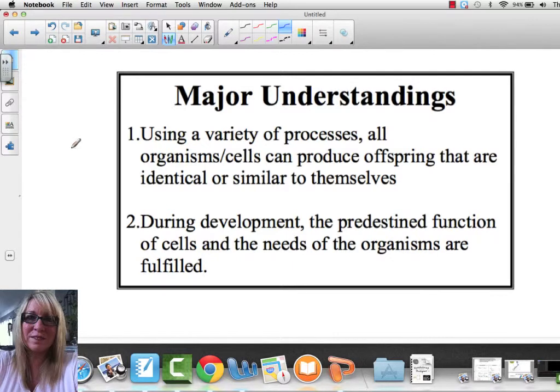So we're going to talk about two very major different types of reproduction, sexual and asexual. And then during development, the predestined function of cells and the needs of organisms are fulfilled. So we're going to talk about how cells specialize, and all things are made up of cells, and depending on where these cells are, that genetic material is either turned on or turned off.